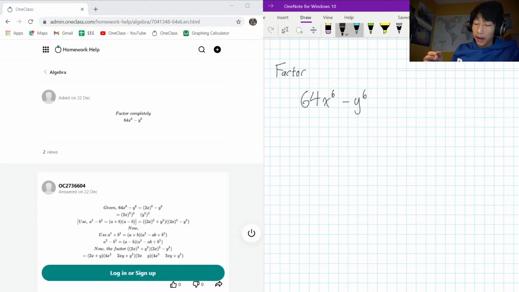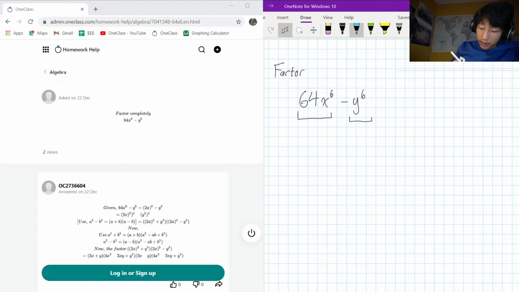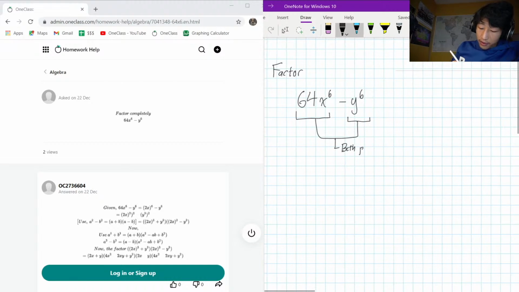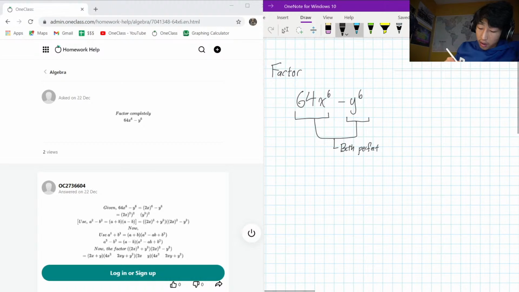You notice how these two terms are both perfect squares, and there's a minus between them.